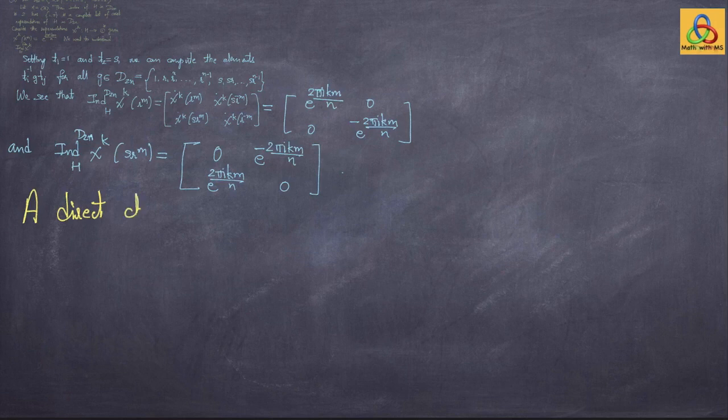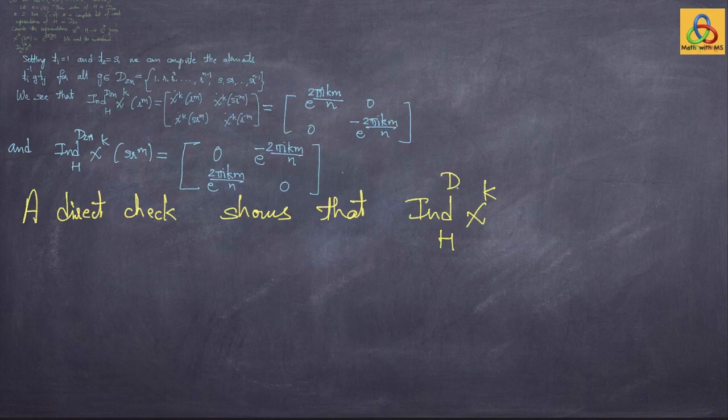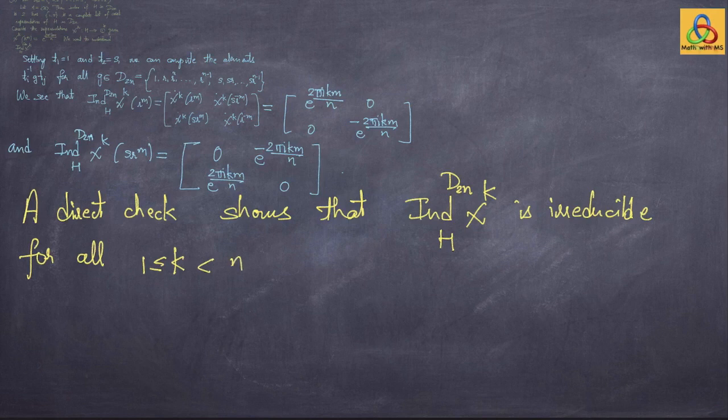A direct check shows that these induced representations, the induction of chi k from the subgroup H to the full group D2n, are irreducible for all k bigger than or equal to 1 and strictly less than n by 2.